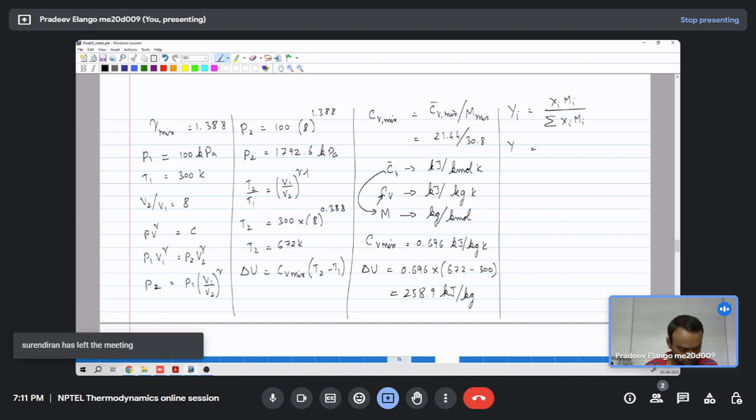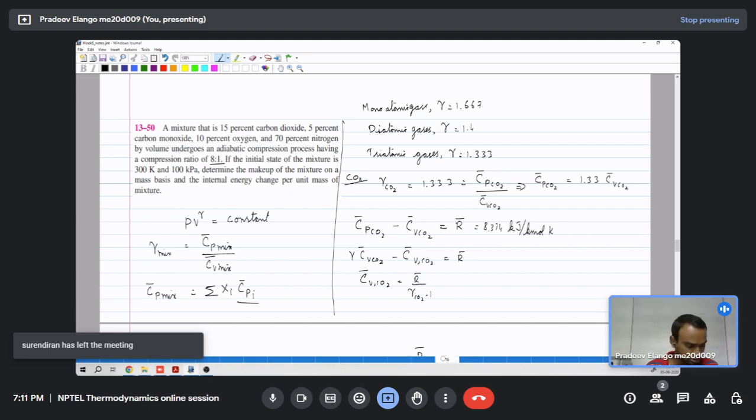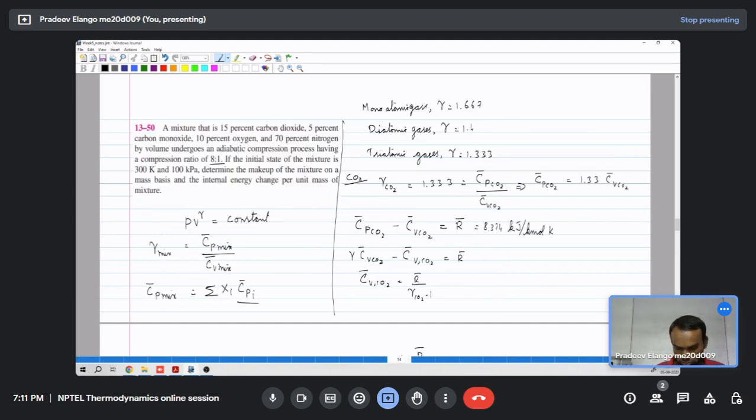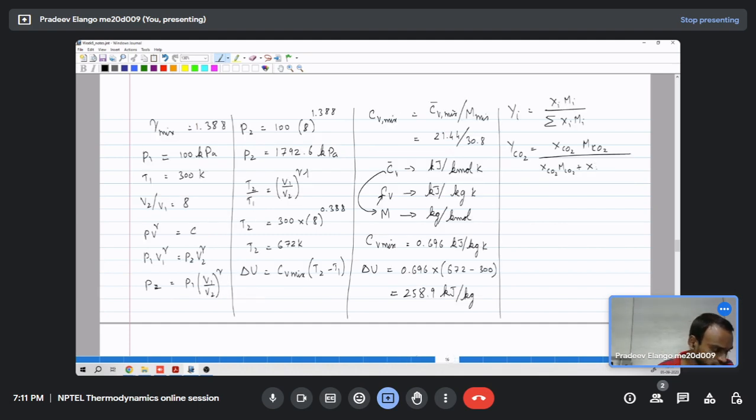So we can calculate the mass fraction of carbon dioxide. y of CO2 is x of CO2 times M of CO2 divided by x CO2 M CO2 plus x CO M CO plus x O2 M O2 plus x nitrogen M nitrogen.